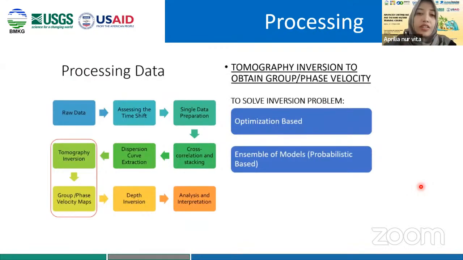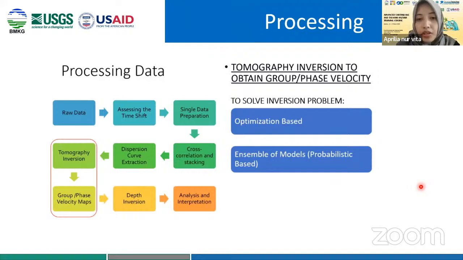After dispersion curve extraction, we do the tomographic inversion to obtain the group or phase velocity map. The inversion can be conducted in two ways: optimization-based and ensemble of models.